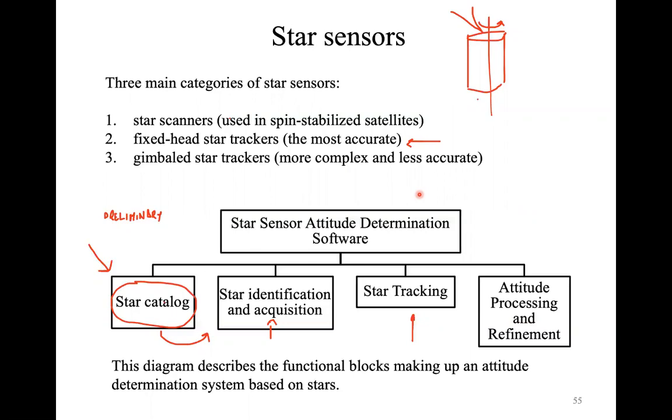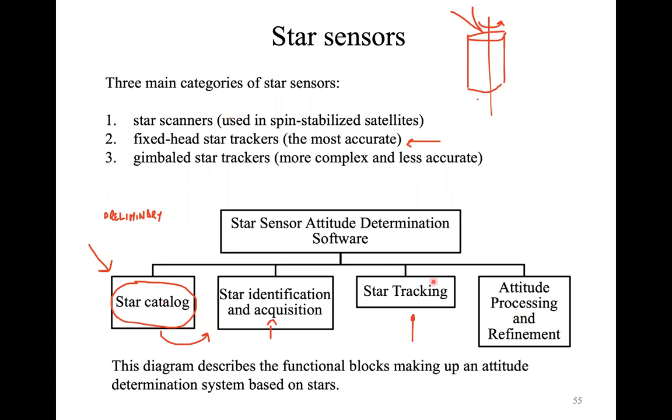And so in that case, when you lose the star tracking mode, you have to reinitialize the instrument, so redo the star catalog and star identification. You have to spend, let's say, a few seconds, let's say 10 seconds, and after that, you restart the star tracking. So hopefully you are able to do that continuously over time.